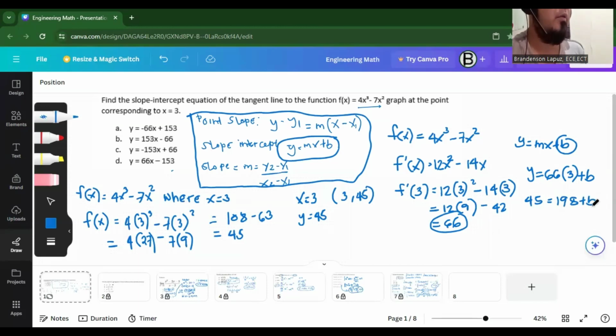Now you can get the value of b. Transpose this one to the other side. So b is equal to 45 minus 198. Therefore b is equal to negative 153.